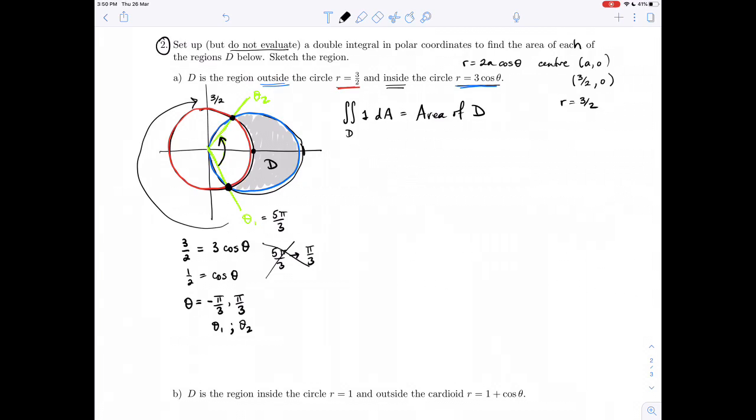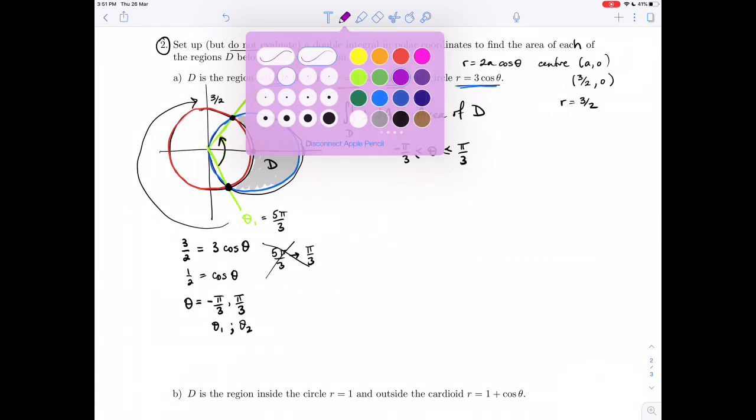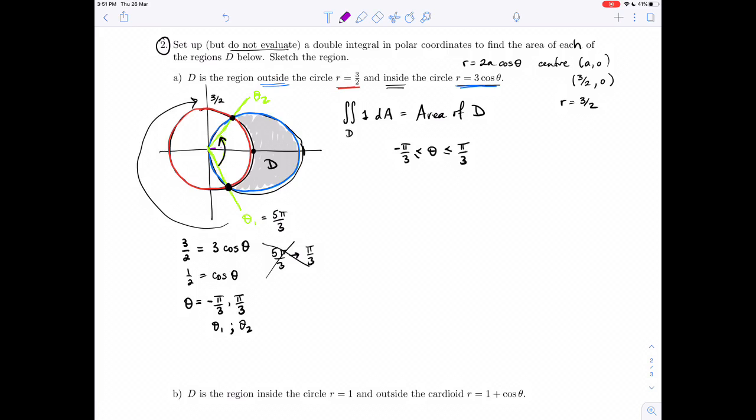So minus pi over 3 is going to be less than or equal to our theta value, which is going to be less than or equal to pi over 3. And then we have to look at the radius, right? From any radial point here, we need the radius to go from the inner curve to the outer curve.